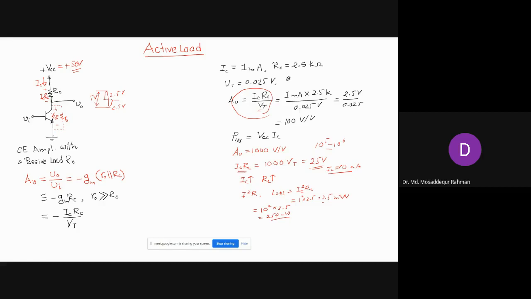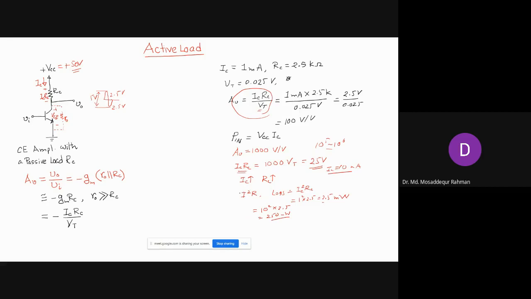You see the tremendous heat it will generate in your IC chip, and ultimately it will damage your chip, right? So there's no way you can consider increasing the current to such a high level to increase your gain.